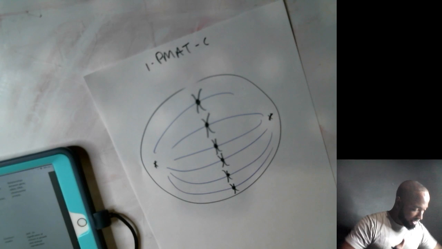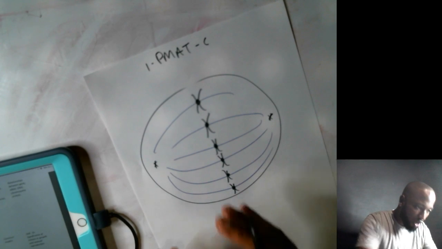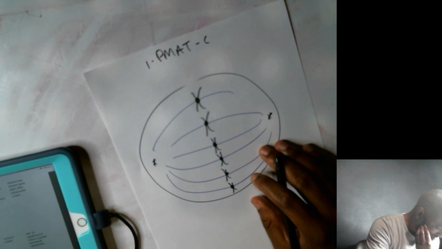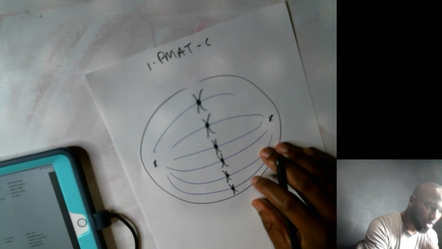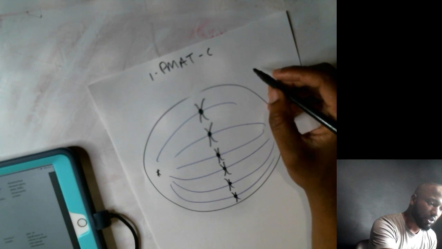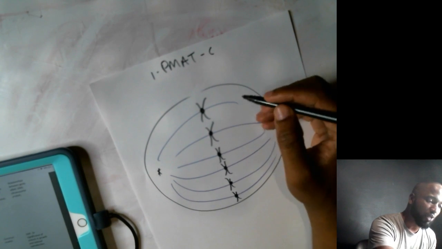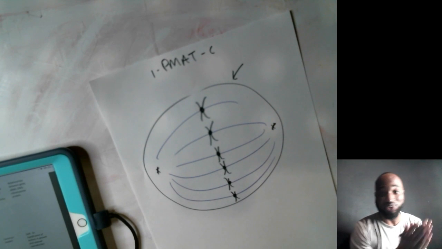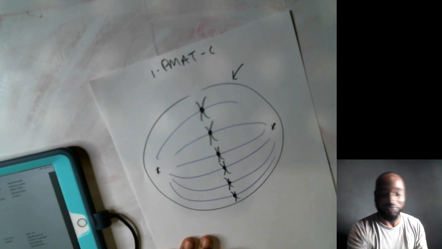The nuclear wall breakdown, and we're waiting for that. Yeah. I think, yeah. So when they line up here, this is when they actually set into the middle. This is metaphase, yeah, because this.